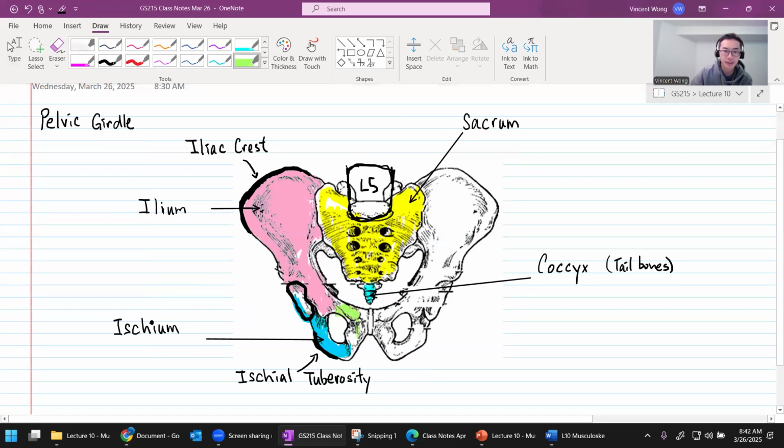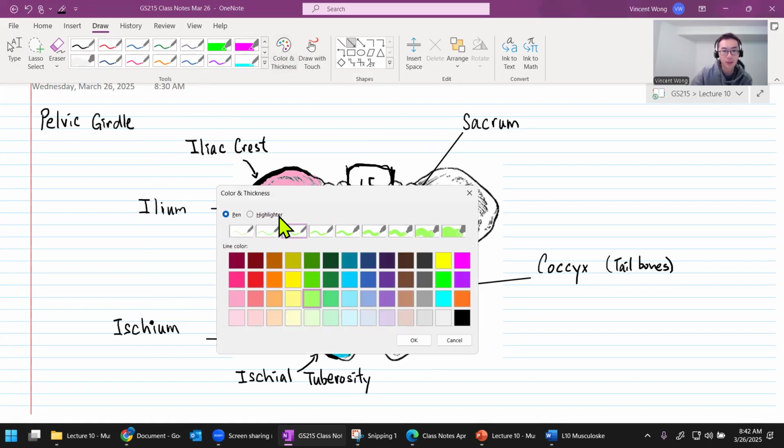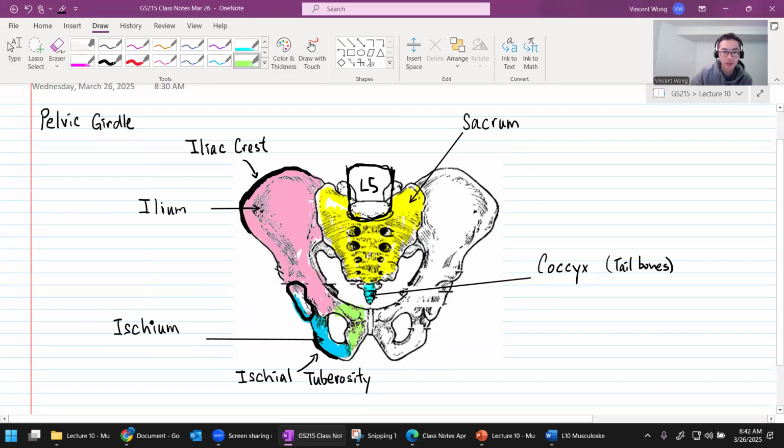And finally, the third bone that makes up the pelvic girdle right here, which also forms a little bit of the socket. I guess we should go a little bit higher up here, with the pubis right here.